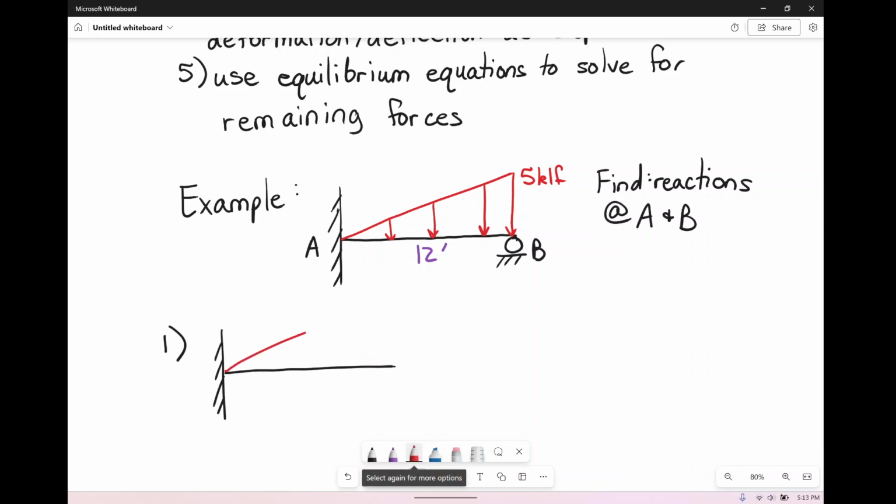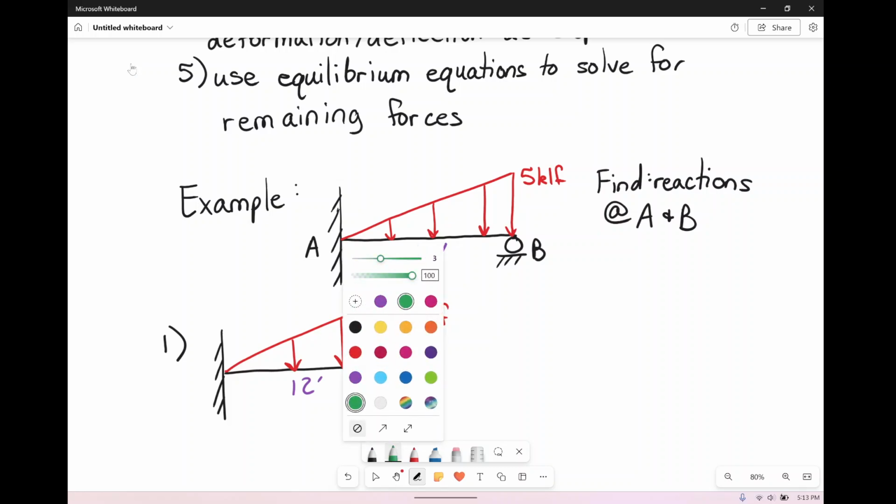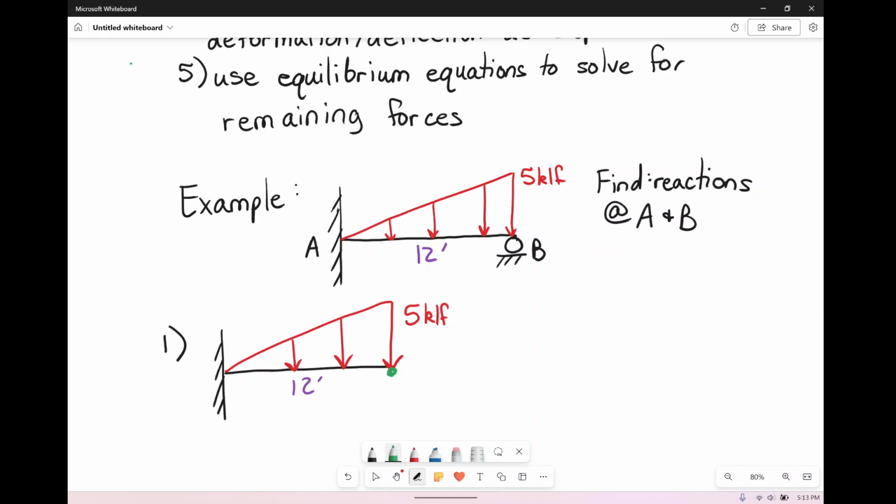So here I have my 5 kips per linear foot as a linearly distributed load across 12 feet. So what I need to do now that I've removed it is find the deformation with the support removed. And again, what point do I want to find? Obviously, I want to find deformation at the point where the roller is going to be, so I need to find it here.